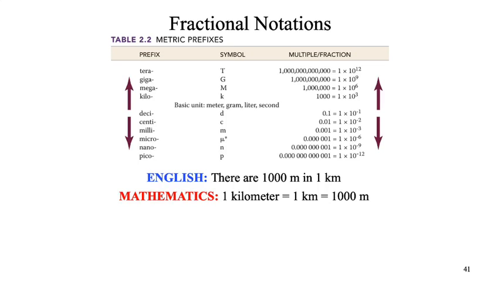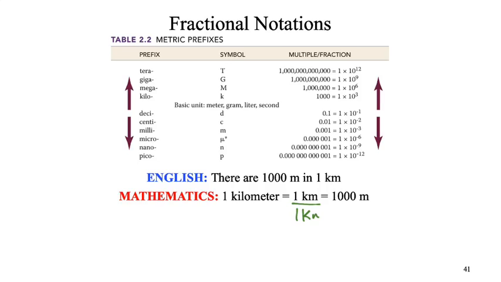So, let's take this a little bit further. There's our fractional notations. In English, there are 1,000 meters in 1 kilometer. Mathematically, that means 1 kilometer equals 1 km equals 1,000 meters, right? Multiplication. What do you mean multiplication? I don't see any multiplication. Well, it would be implied between kilos and meters.